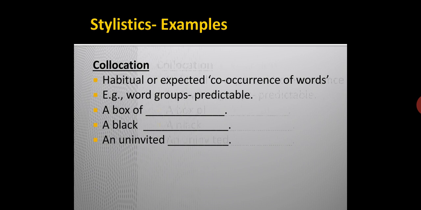We spoke at length about a piece of cake, a piece of chalk. When we start off with a phrase, a piece of, automatically your mind supplements the next word that is most probable to appear, right? So when we speak of a box of, think about it.